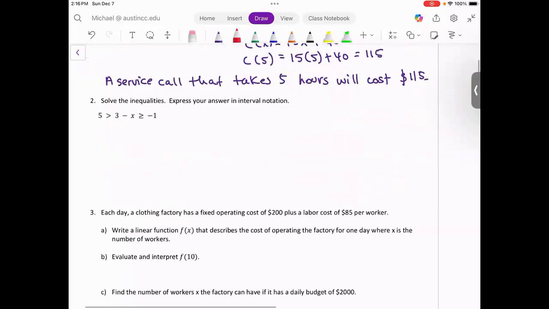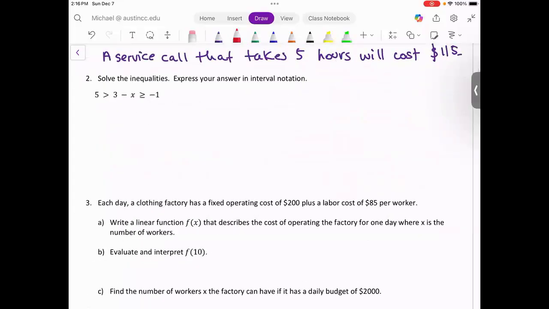Let's solve the inequality: 5 is greater than 3 minus x, which is greater than or equal to -1. So if we want to get x in the middle all by itself with a positive 1 coefficient, first we'll subtract 3 from everywhere.